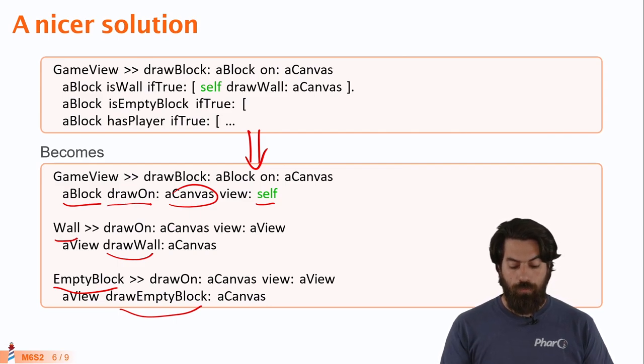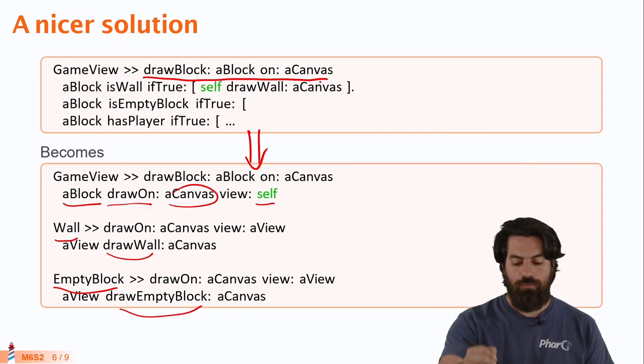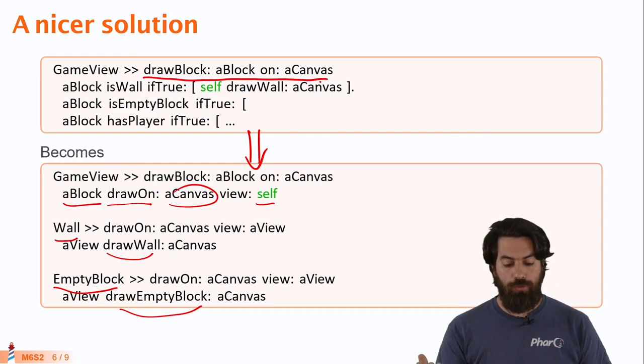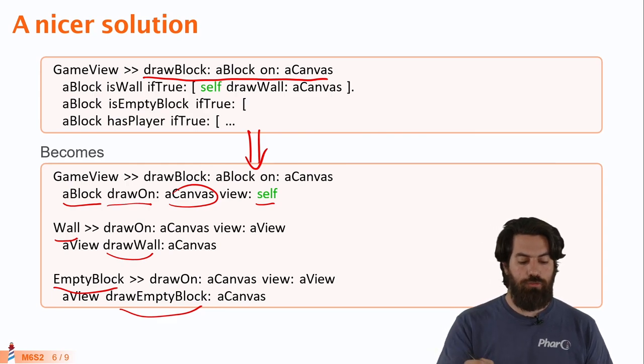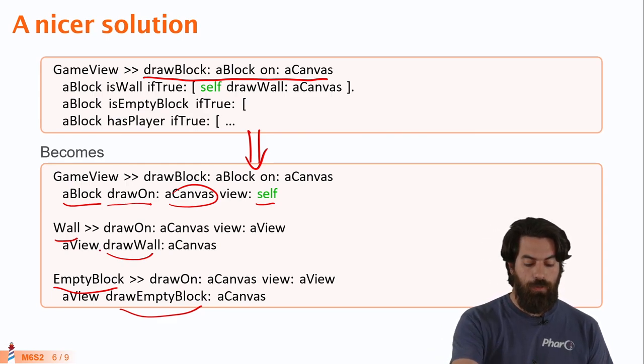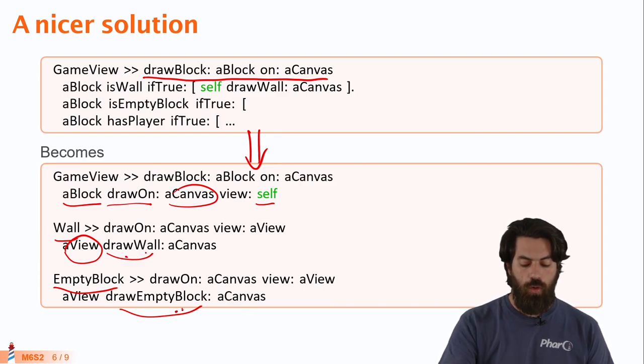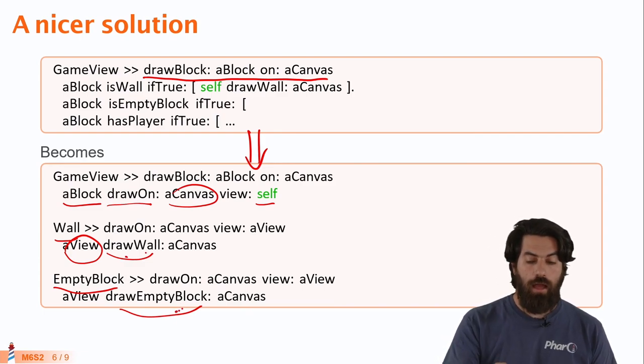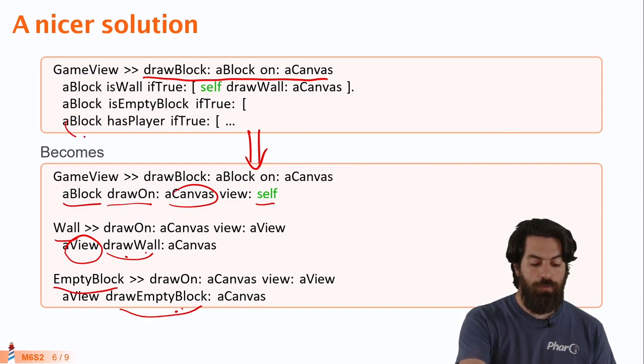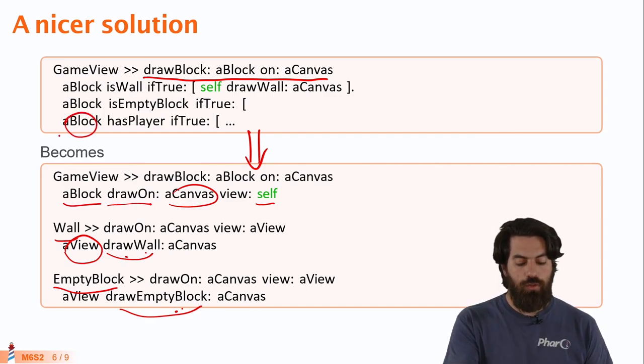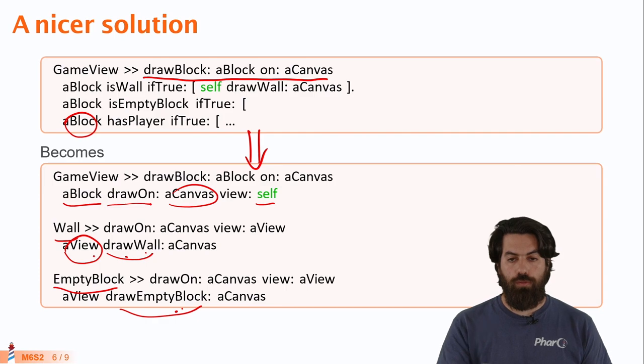So to be able to draw something, we are doing a double dispatch. The decision to draw is shared between the game view, which knows how to draw different elements like a wall or an empty block, and the block itself, which knows how to dispatch to the view.